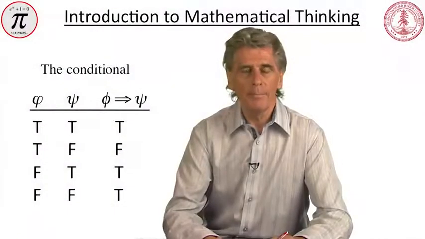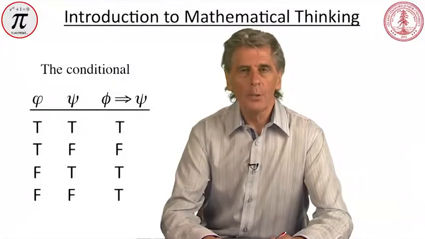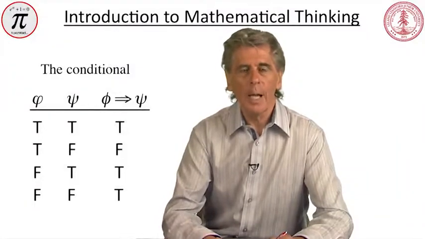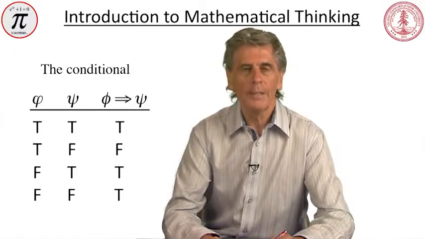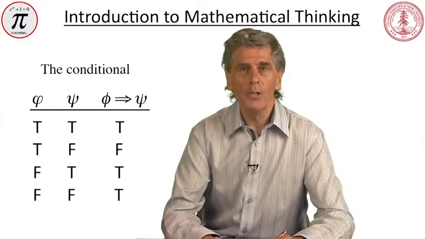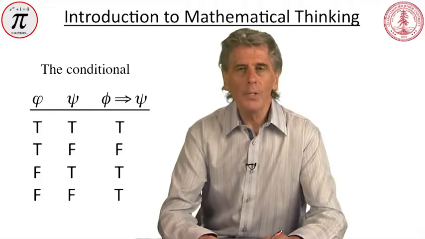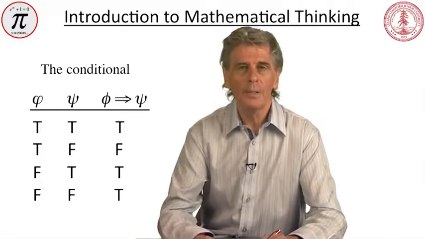Let me sum up what we've done. We've defined a notion, the conditional, that captures only part of what implies means. To avoid difficulties, we base our definition solely on the notion of truth and falsity. Our definition agrees with our intuition concerning implication in all meaningful cases. The definition for a true antecedent is based on an analysis of the truth values of genuine implication.